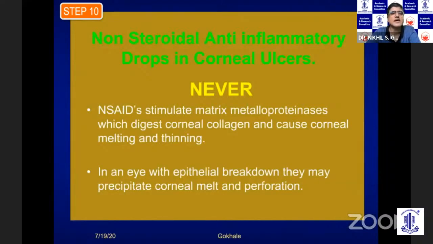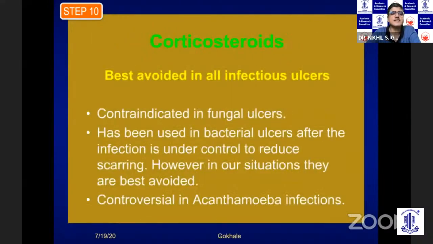One important thing to remember is NSAIDs are best avoided when there is a corneal epithelial defect, because they tend to cause corneal melting and perforation. So never use them. And corticosteroids, as a rule, in corneal ulcers are best avoided, despite some studies which say that they may have a role in selected cases. I think we should leave this for the experts to decide. And as students, I think it's best that we avoid using these drugs in corneal infection.